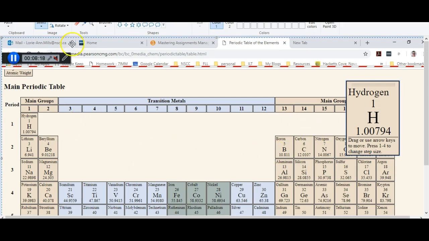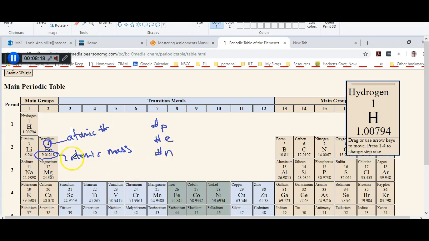The other thing we talked about is how you use the atomic number and the atomic mass to figure out the number of protons, the number of electrons, and the number of neutrons for each of these elements.